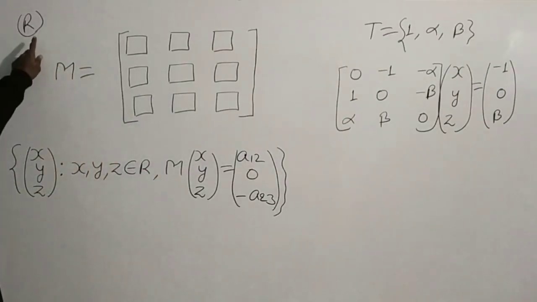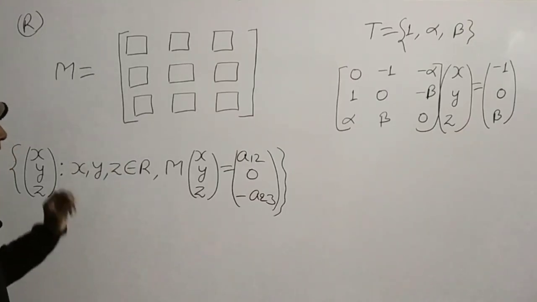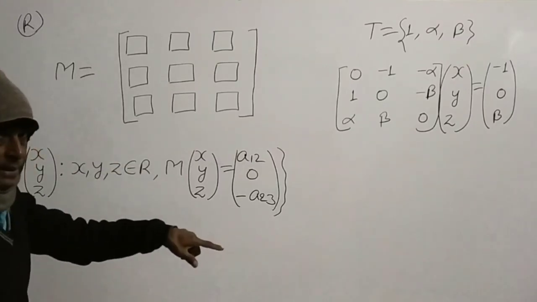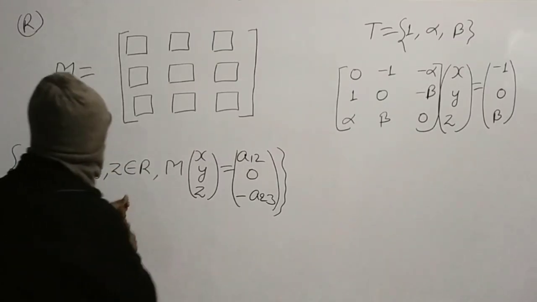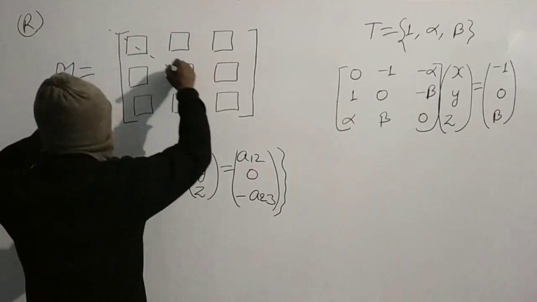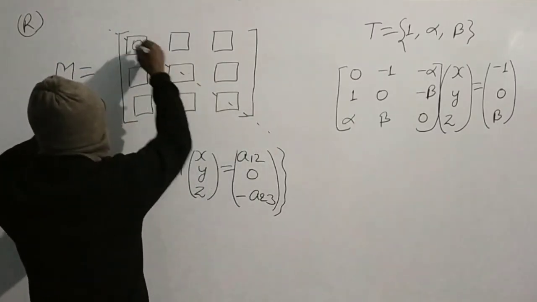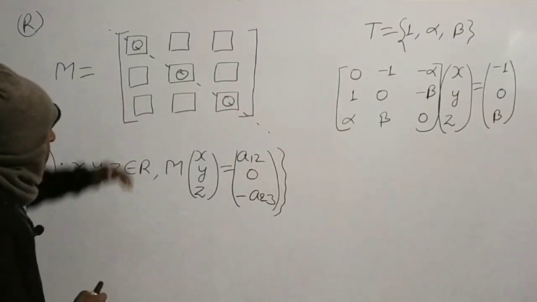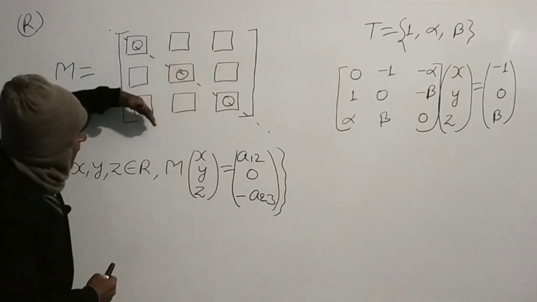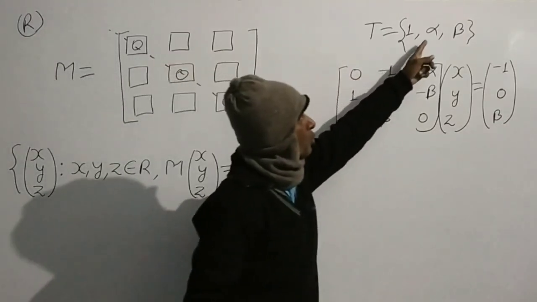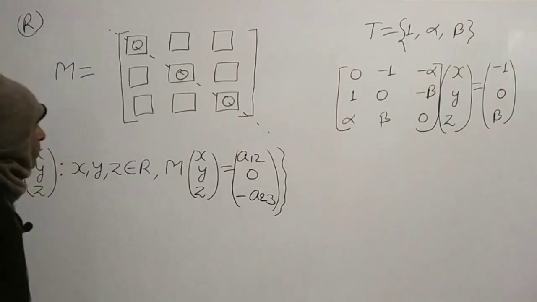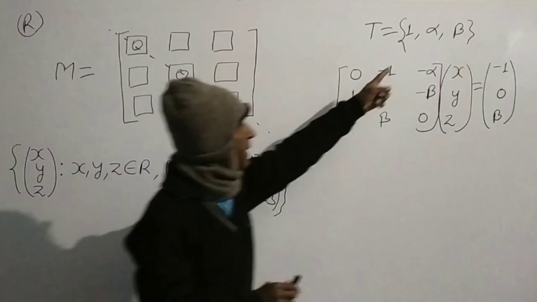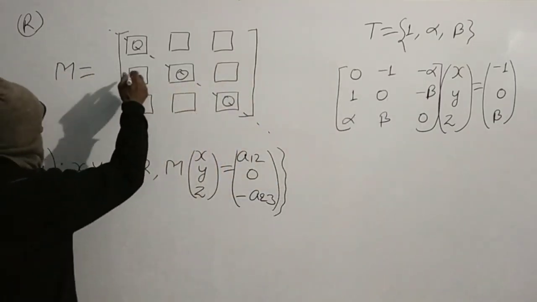In entry R of list 1, it is said that M is a skew symmetric matrix. A skew symmetric matrix means all the diagonal elements will be 0 and all the elements above this principal diagonal belong to this set T. Suppose we fill this place by any one element 1.